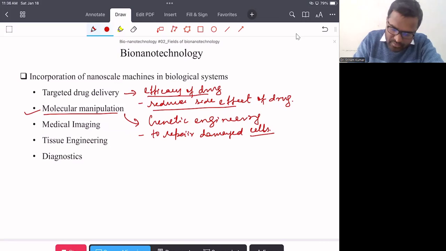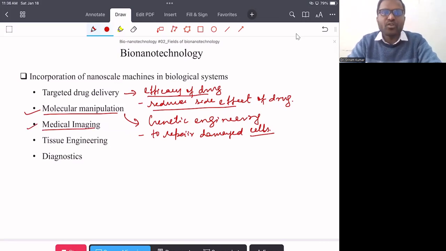The third application is medical imaging. Using nanoscale machines, or nanomaterials, we can improve the overall imaging applications so that we can have distinct and clear imaging of the biological system.